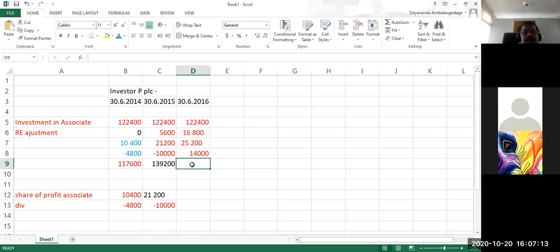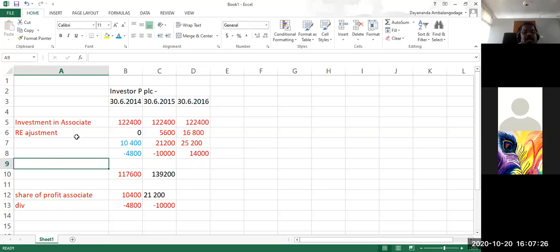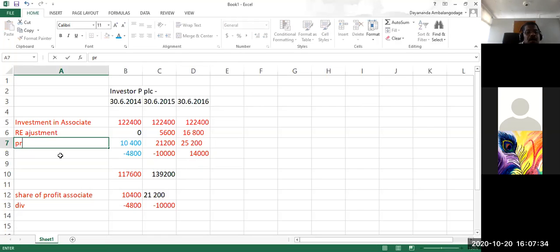40%. And you have to remember, there we have to put an extra entry, which is OCI. This is really the retained profit for the year. This is share of profit.